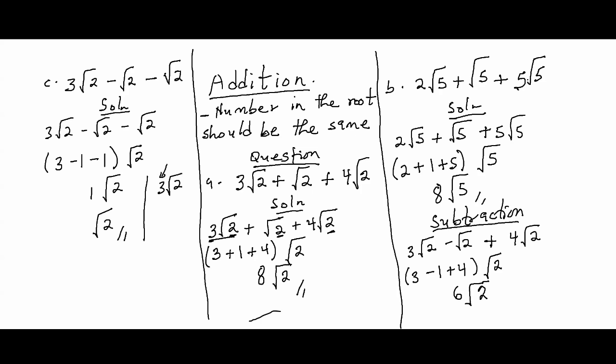If the answer is negative 1 root 2, then we can also write our answer as negative root 2. We can take the 1 away. So apart from 1, we cannot take any number away as our final answer.